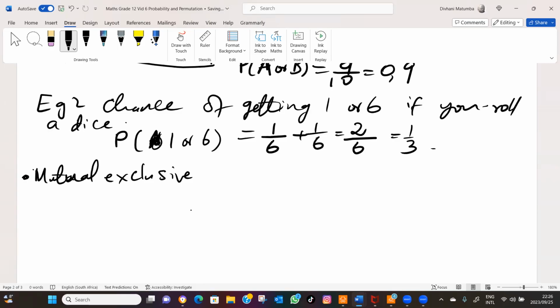However, in the example that we did above, that was a mutually inclusive event, because the two events A and B crossed each other.